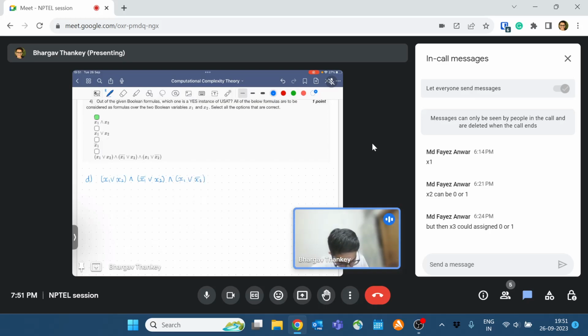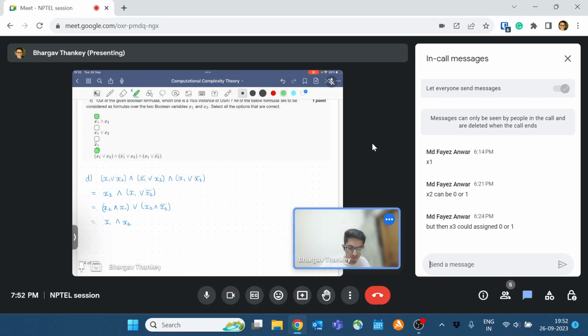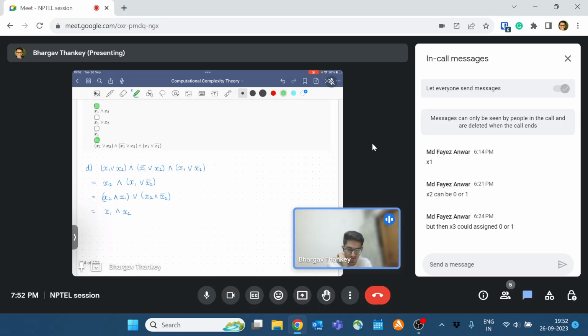This is equivalent to, I can take x2 common from the first two, so it's x2 and (x1 or x2 complement), and this means it's x2 and x1. So this is just x1 and x2, same as the first option. So this is also true. Yes, A and D are true, B and C are not.